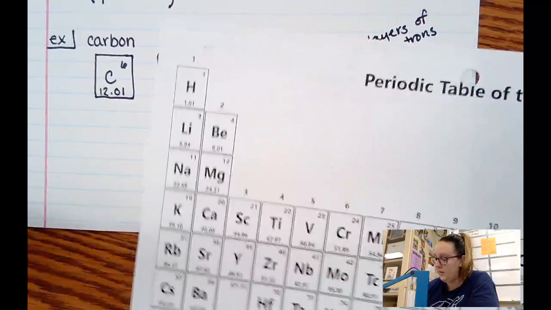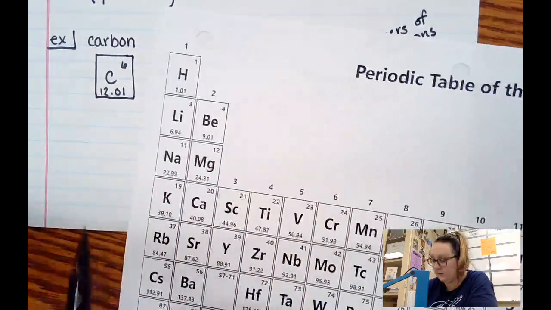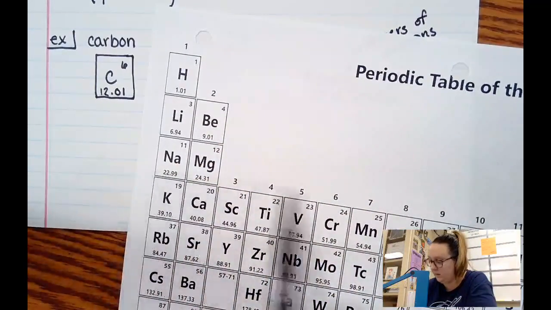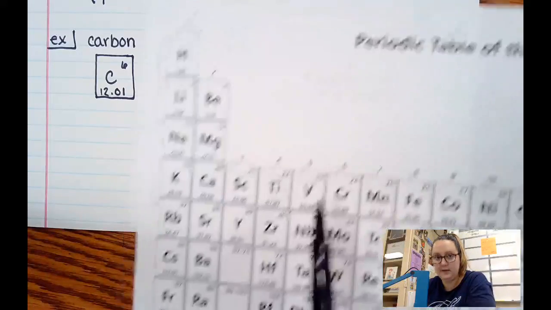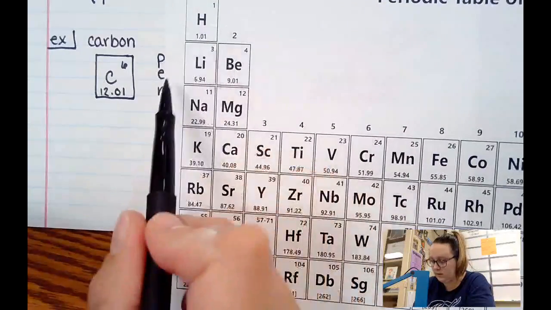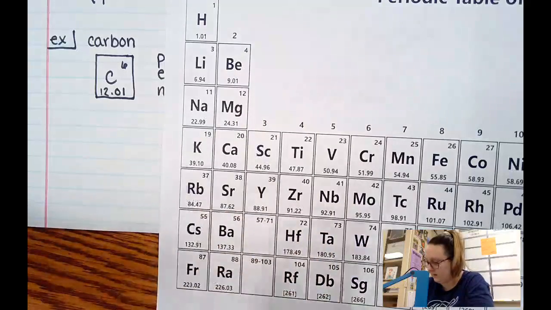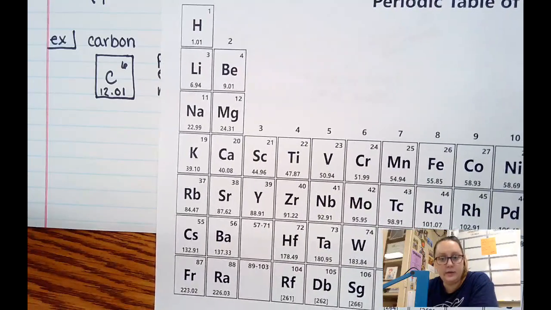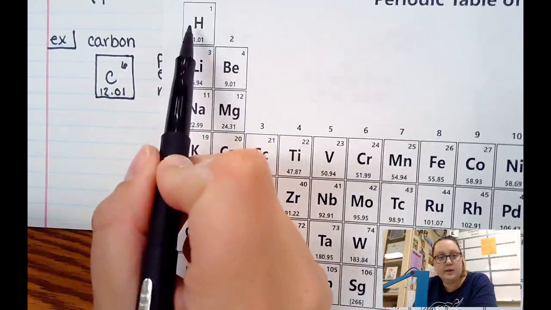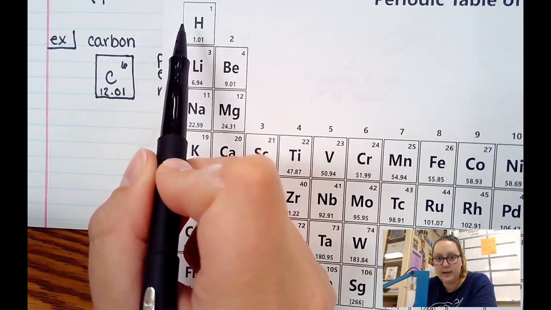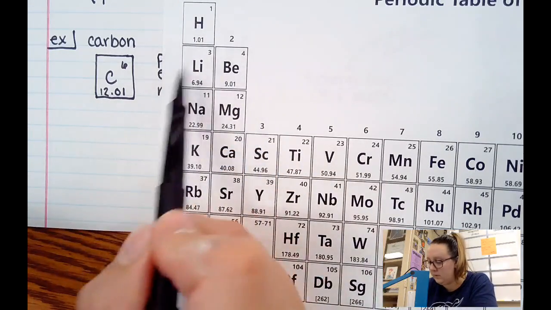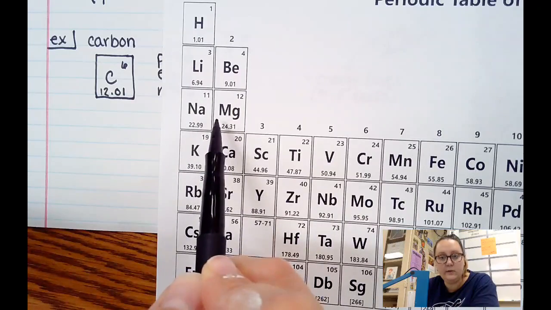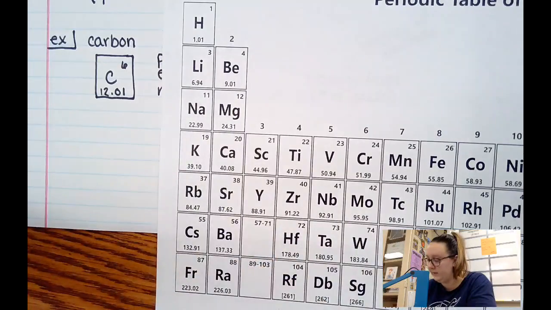If you know that these are periods and periods go across in rows, so these are period 1, 2, 3, 4, 5, 6, 7. Whatever period it's in is how many shells of electrons it will have, or how many layers. So this is only in the first period, so it only has one layer. Magnesium is in the third period, so it will have 3 layers.